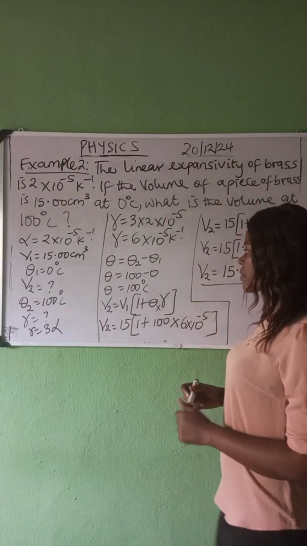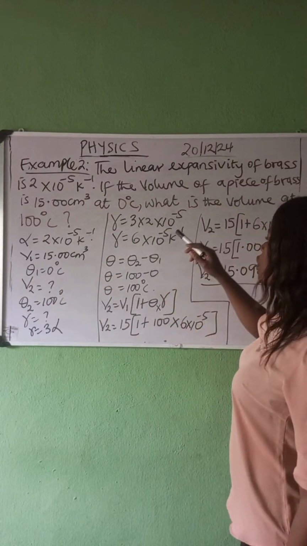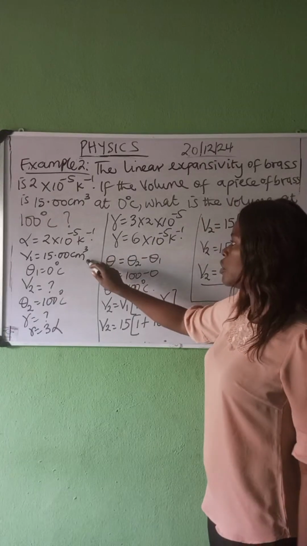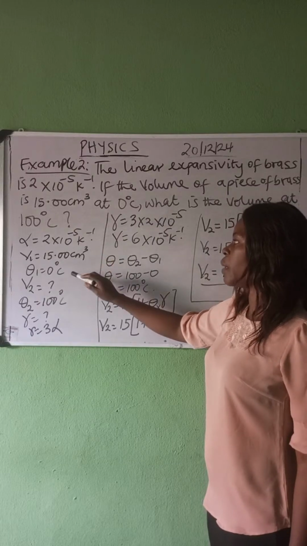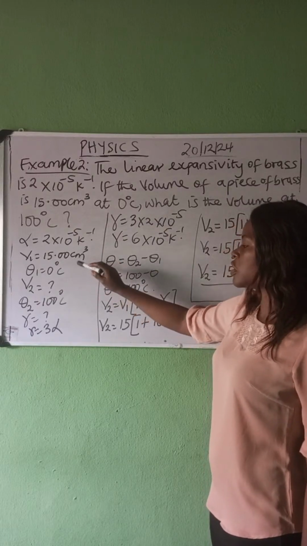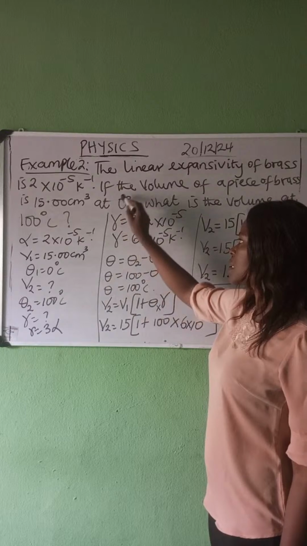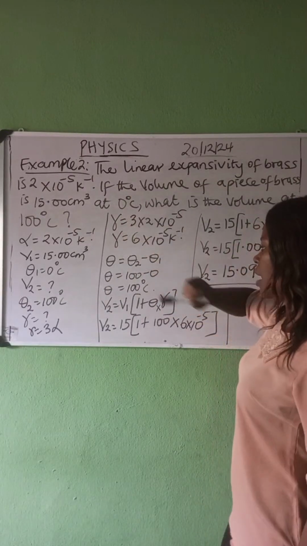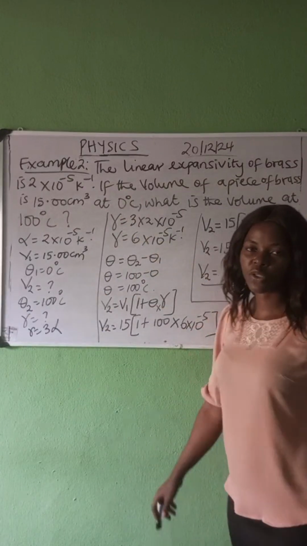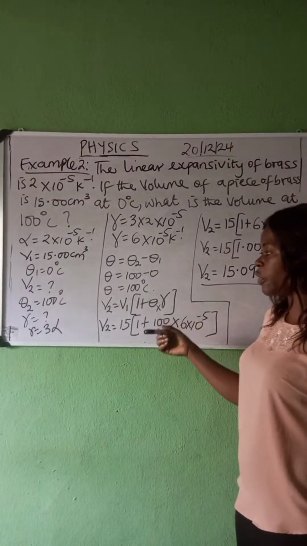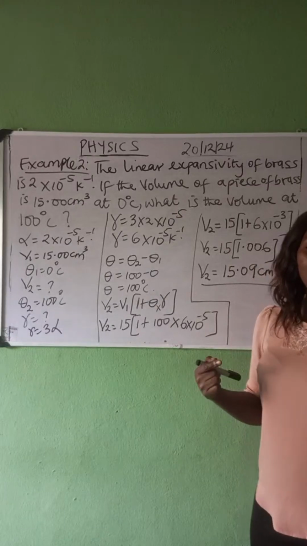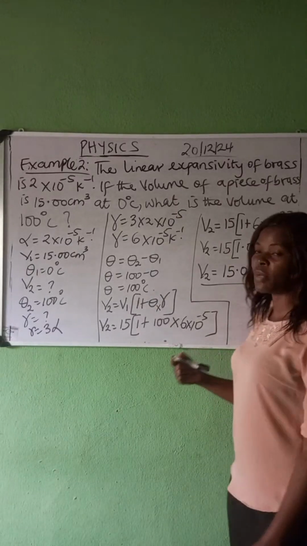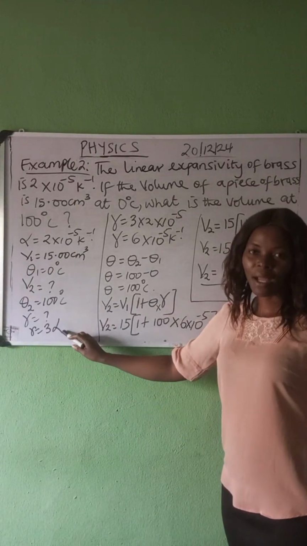Is that clear? Now, my first volume, which is V1, is 15.00 centimeter cube. Then my theta 1 is 0 degrees Celsius. That is what is given here. And my theta 2 is 100 degrees Celsius. And I'm asked to find the new volume. Now, before you solve for the new volume, you don't even have the volume expansivity, which is gamma, right?